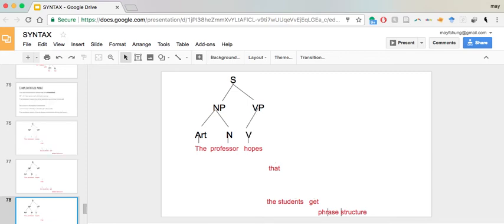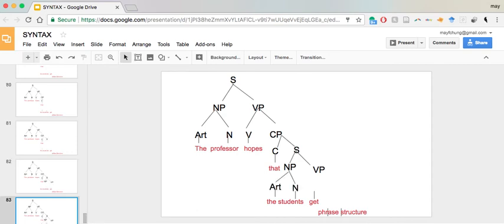So I have a verb, and then the verb goes to a CP. CP is a complementizer phrase, right? Which goes into your complement and starts off a new sentence. So the CP always splits off into a C and an S. And then from your S, you can start over again. You can go from your sentence to your noun phrase, which would be article and then noun, the students.